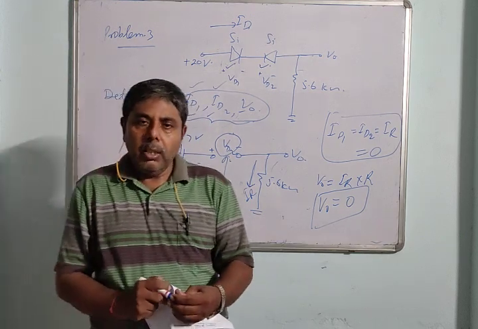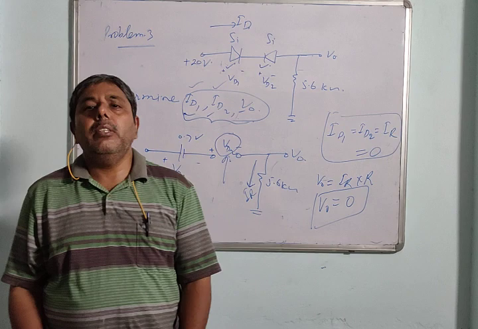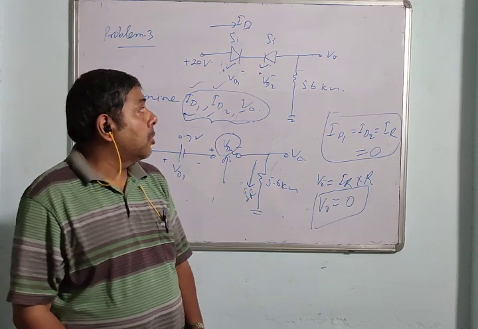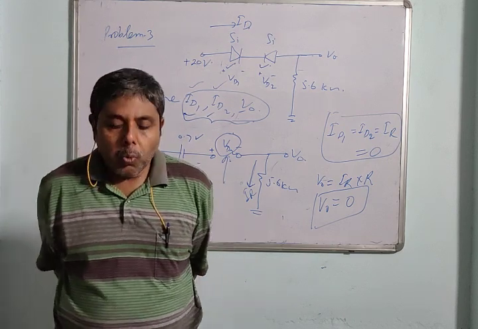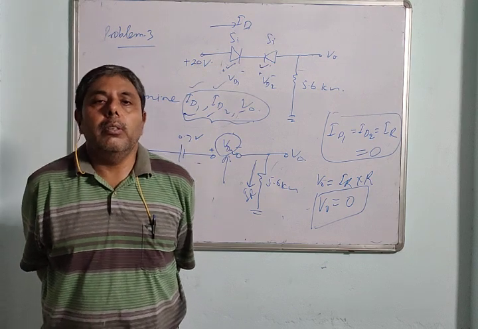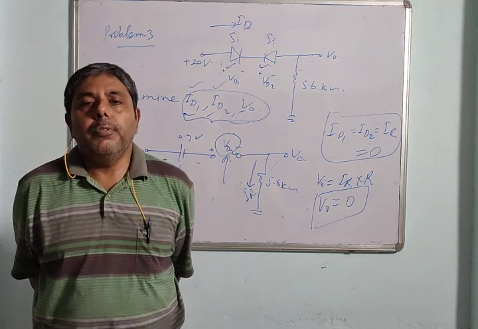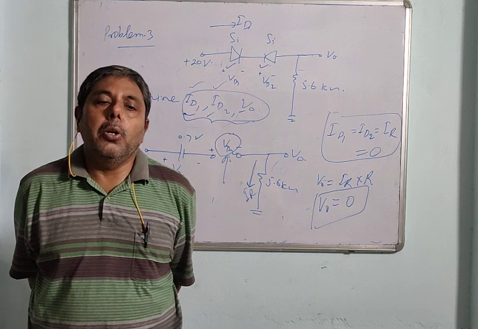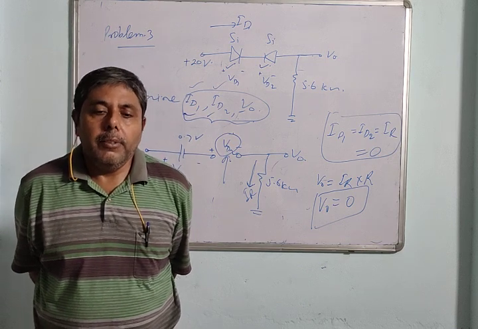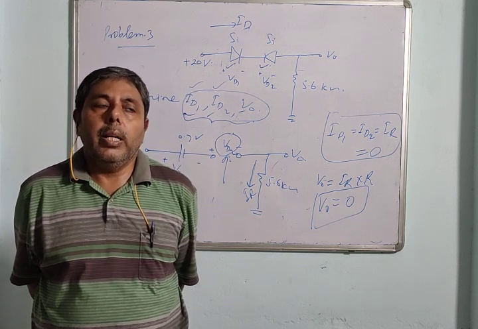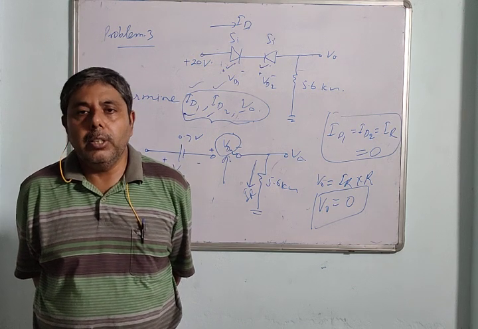So in this way, we can solve different problems based on series configuration. So what is the basic rule to solve series configuration? First of all, check whether diode is on or off. Okay, if diode is on, you can replace model by on state.